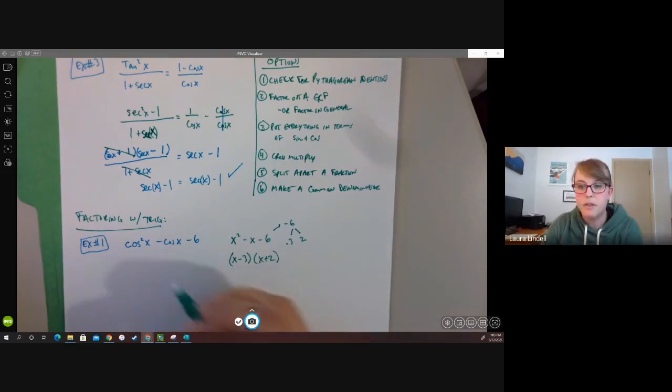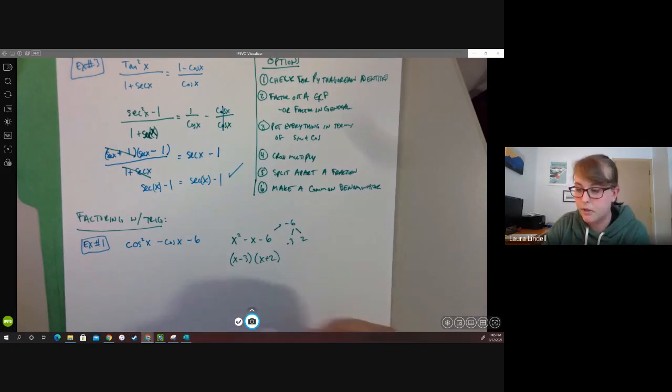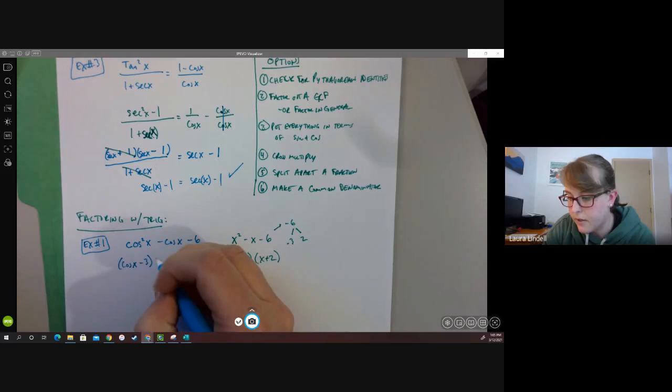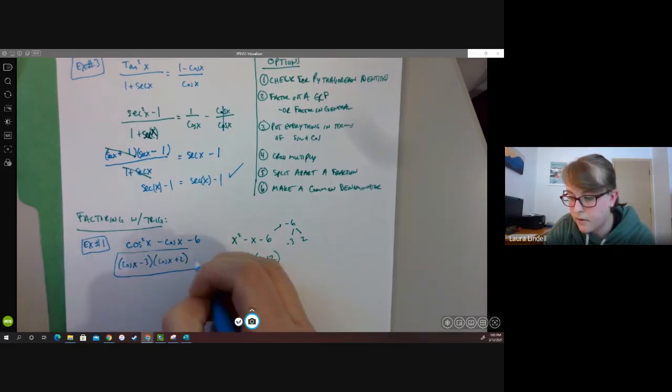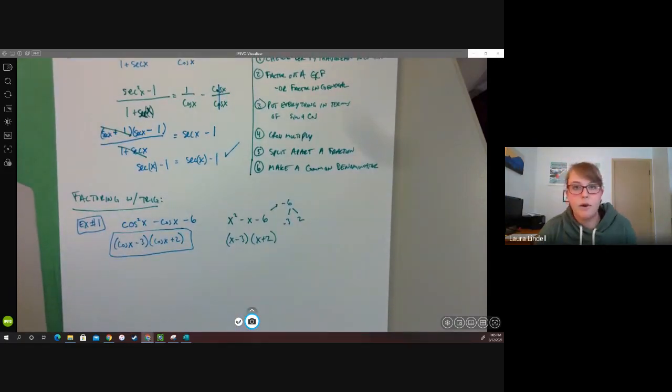Well, the same thing happens here with cosine, except instead of having x minus 3 and x plus 2, we get cosine of x minus 3 and cosine of x plus 2. So if you want to take whatever trig function you have and substitute x for it instead, and then put the trig function back in at the end, you can, if it works better in your brain to factor that way. Usually does for me. Makes it a little bit less messy looking.